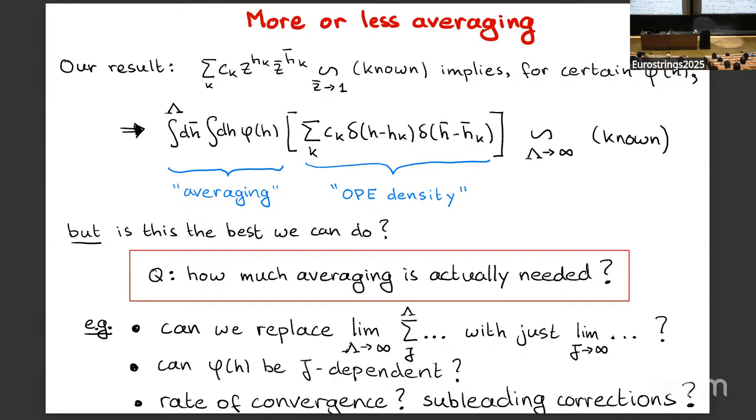Phi of h cannot be a delta function, but it would be funny if phi of h looked more and more like a delta function as J increases. That would be a possibility, and you can ask whether we can improve in that direction. And then, of course, I have a limit, so I can ask about the subleading correction. How fast do I approach this limit? Can I understand some of that?